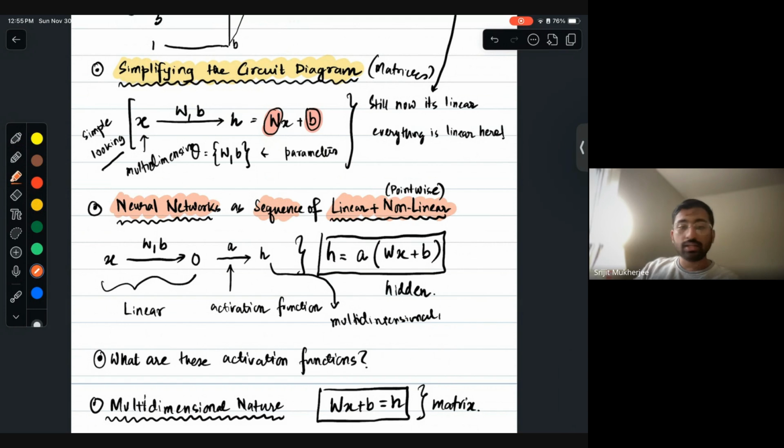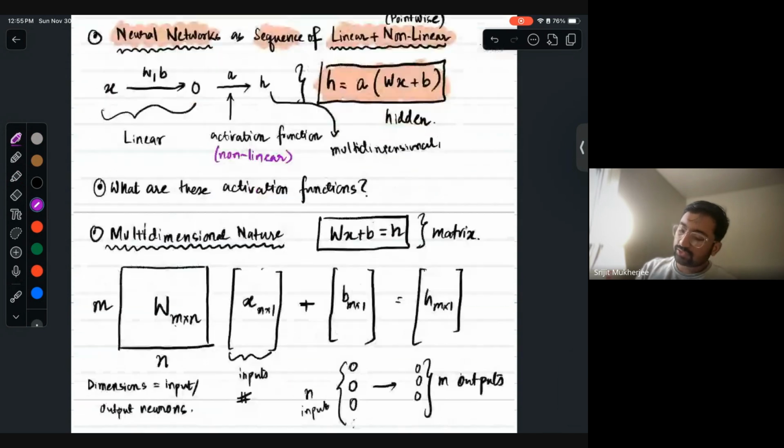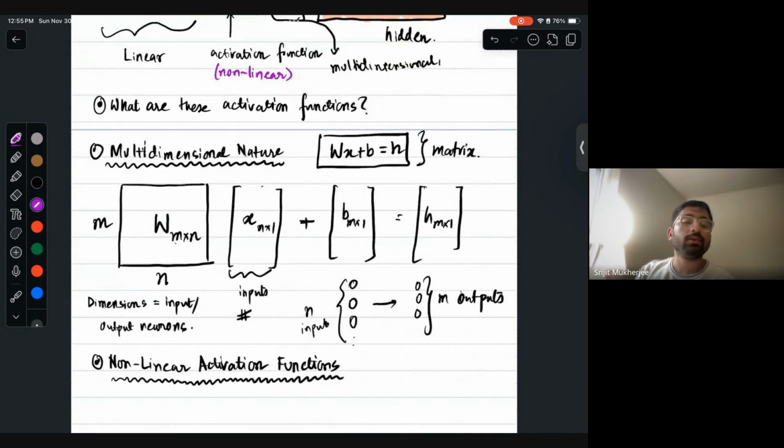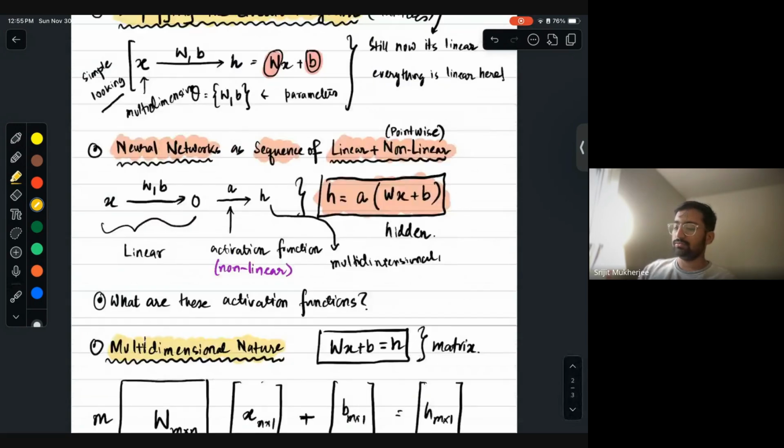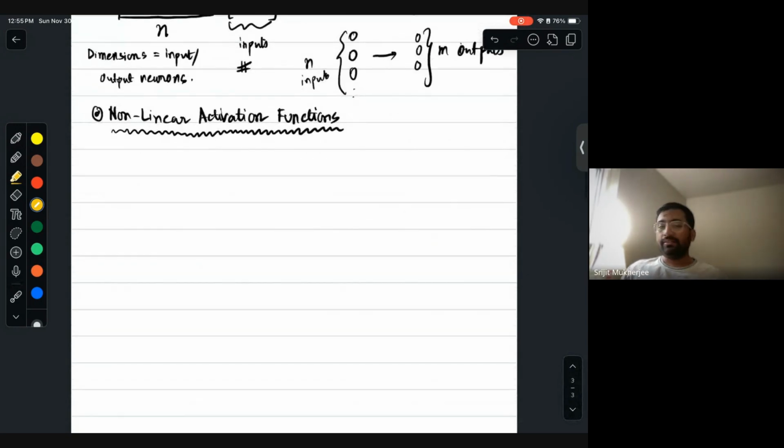I have not discussed what nonlinear is, but A is an activation nonlinear function. Before we discuss activation functions, I discussed the multidimensional input and output nature of this entire equation.